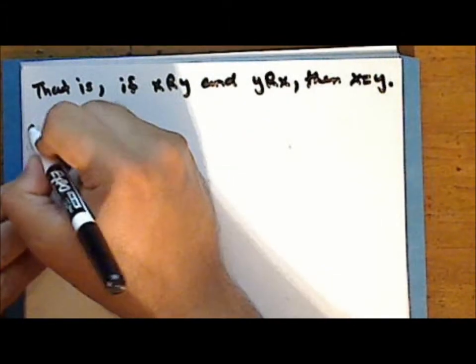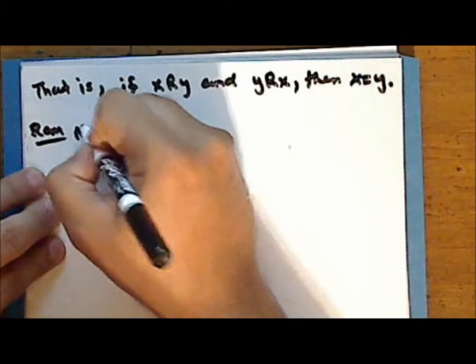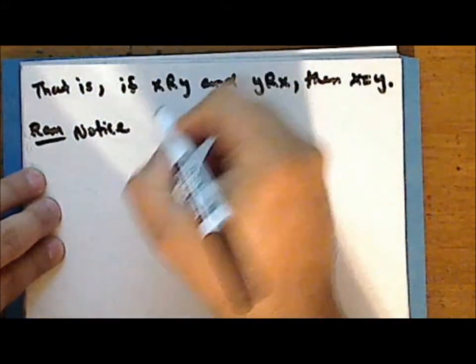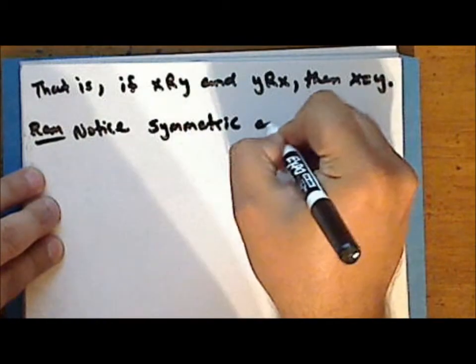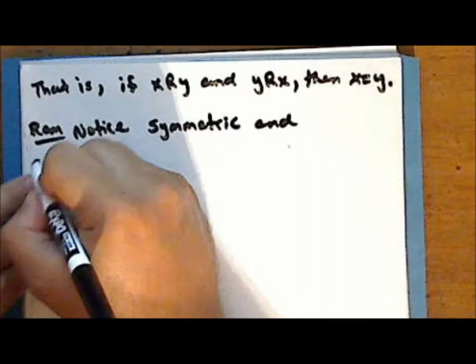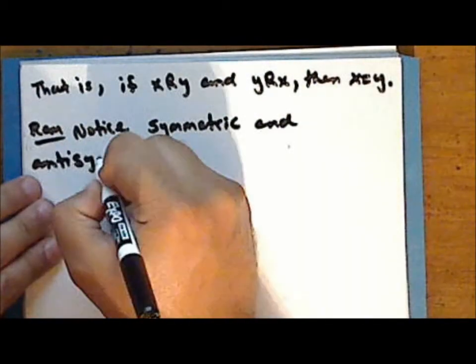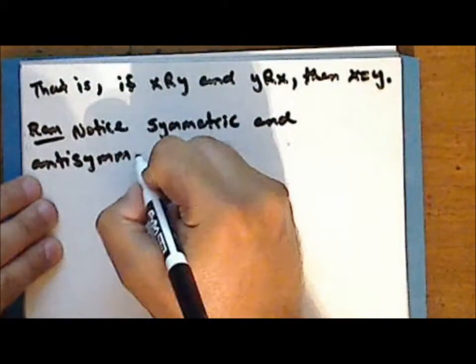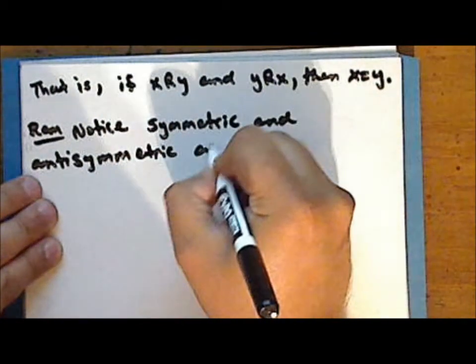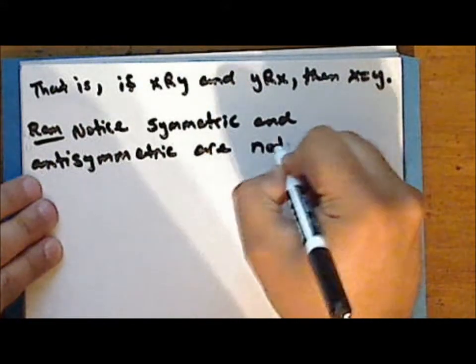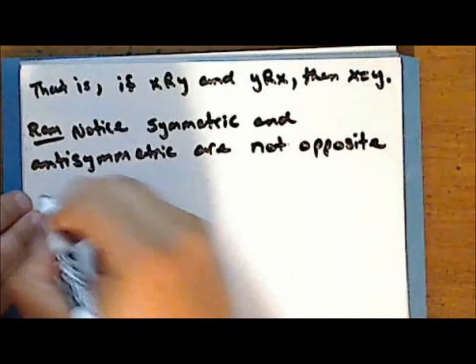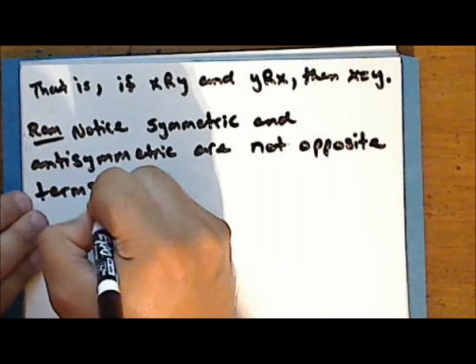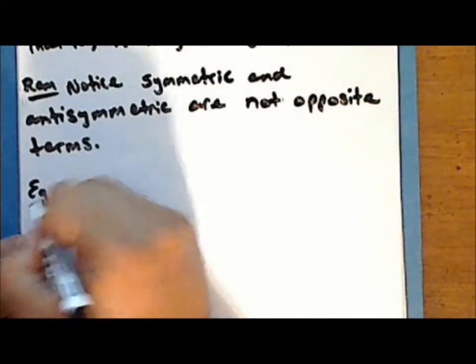So notice that the terms symmetric and anti-symmetric are not true opposites, and we'll look at an example to clarify this.